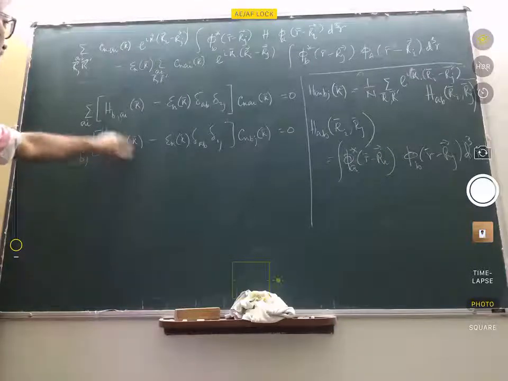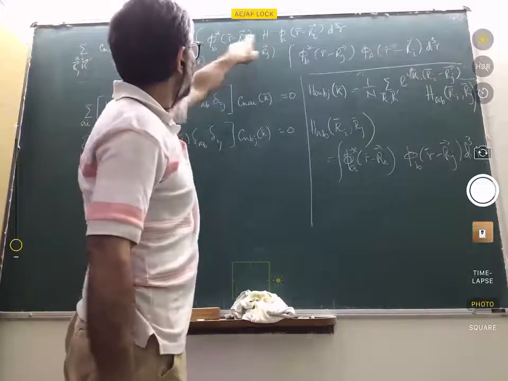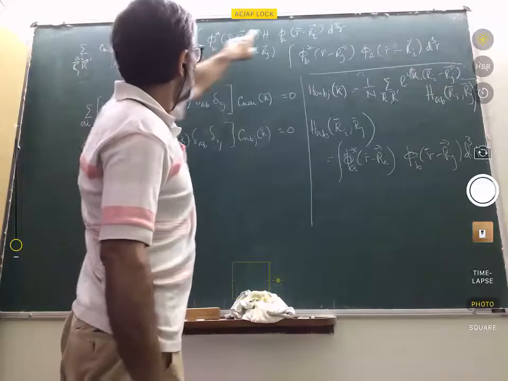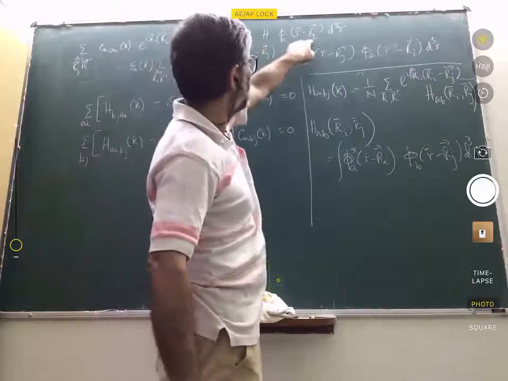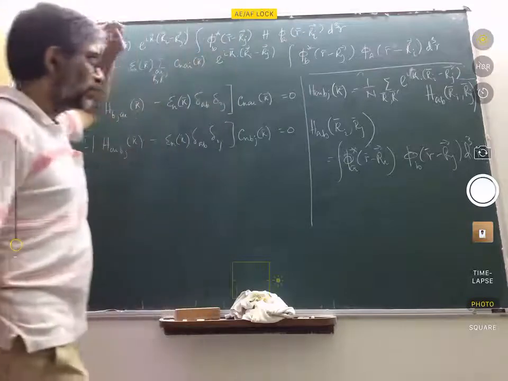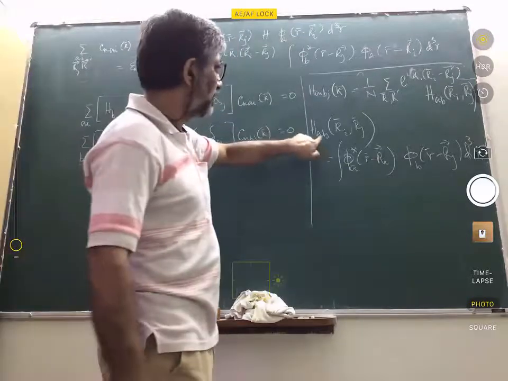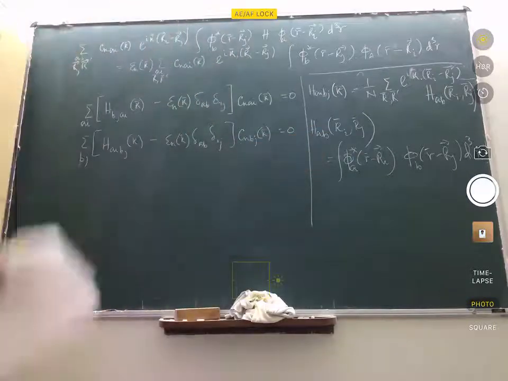So how do we get this? See, this is the matrix element of the Hamiltonian between two atomic orbitals, some phi b orbital at Rj and phi a orbital at the atom at Ri. This is something we had encountered earlier. So that is this object H_AB R_iJ, defined this way.